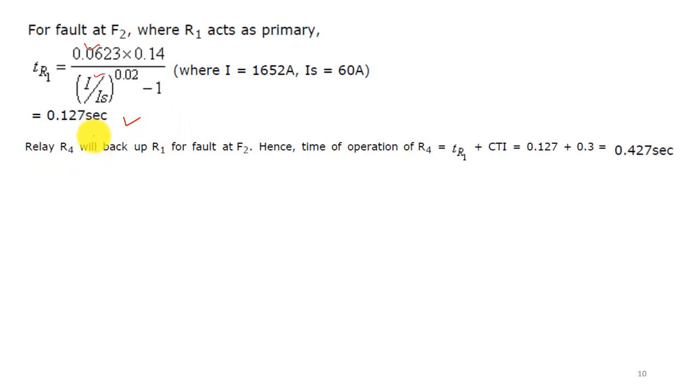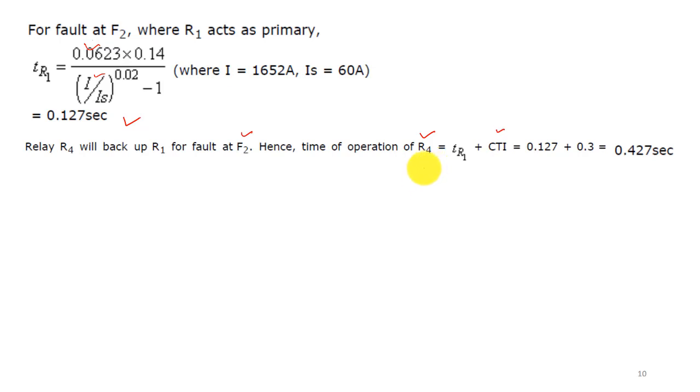Now we found the time of operation of relay R1 when it is acting as primary relay for F2. Now R4 will be the backup for R1 for fault F2. Similarly, we'll find the R4 operation time by just adding the coordination time interval.